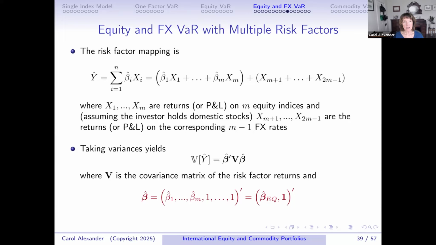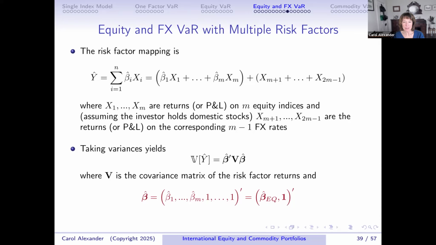So you consider maybe a very large international portfolio with investments in M different countries, stocks all over the world. And these are returns or P&L. Remember, if you've got short positions, you should not be using returns. If you had just short, then you could pretend it's long, just use the other tail, but that's another matter.